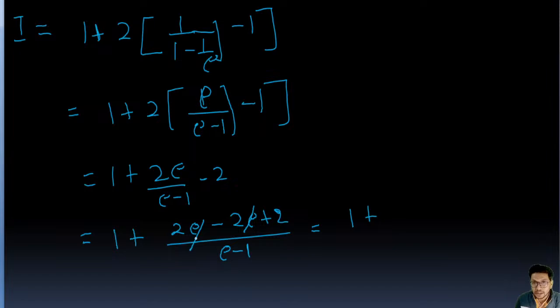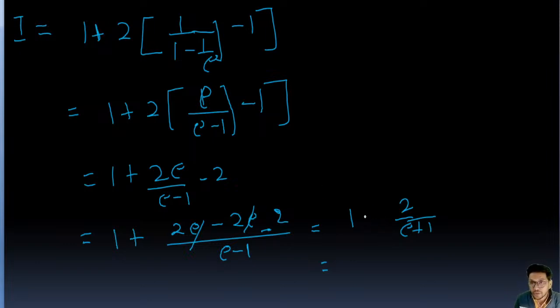This will get cancelled. It is going to be 2 upon E plus 1, right? This is minus 2, this is minus 2, and then we'll solve it.